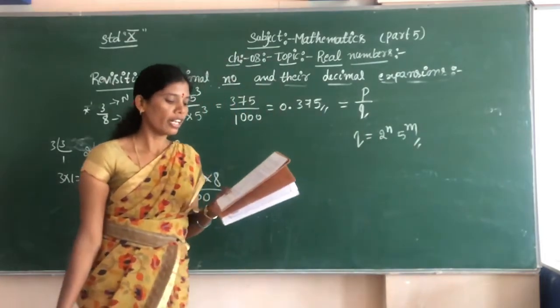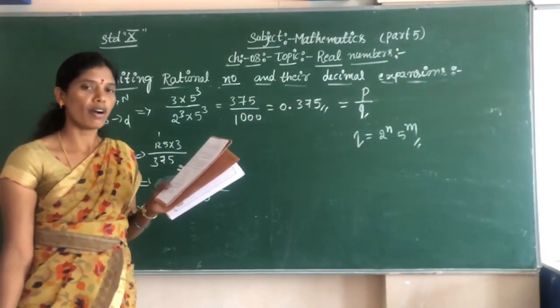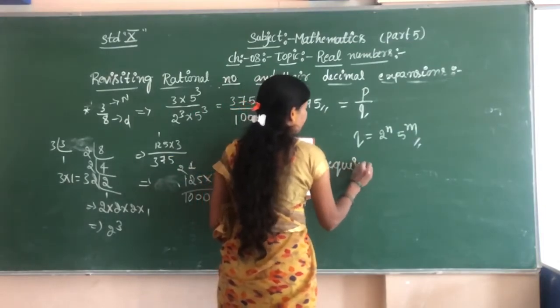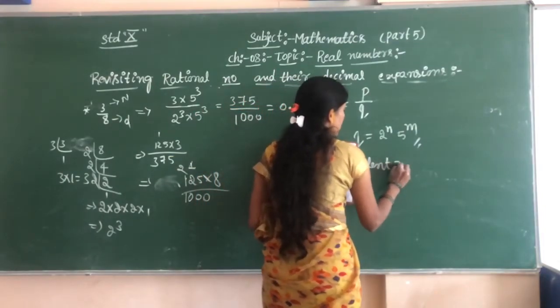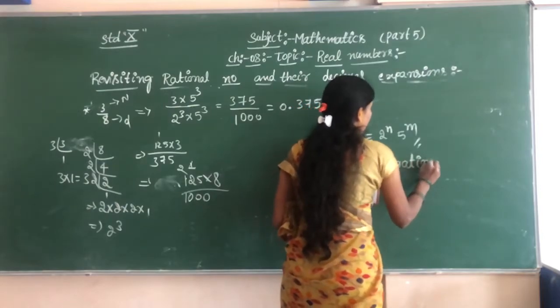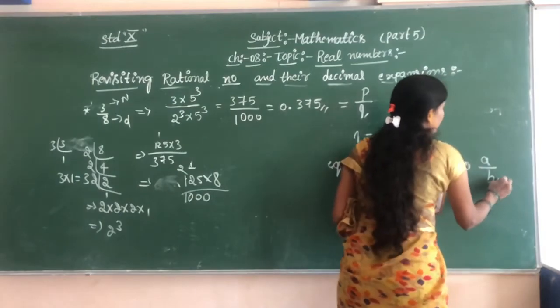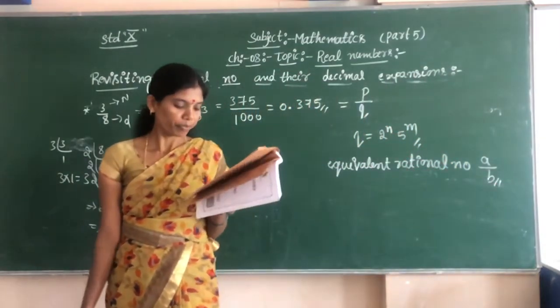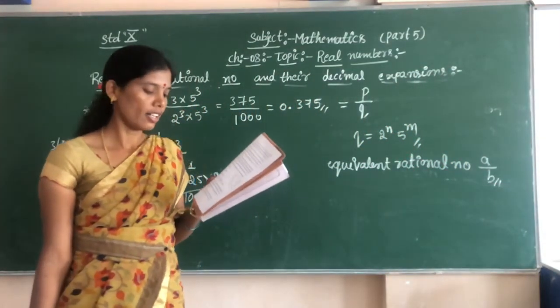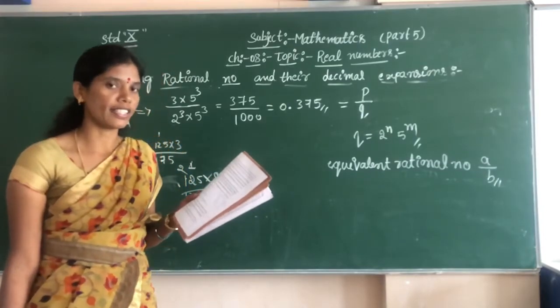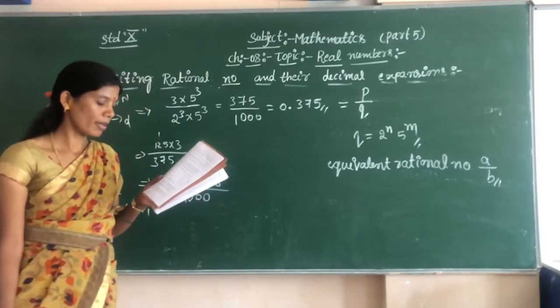So the equivalent rational number is of the form a by b, where b is a power of 10. Therefore, the decimal expansion of such a rational number terminates.